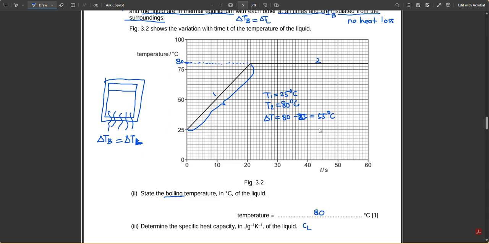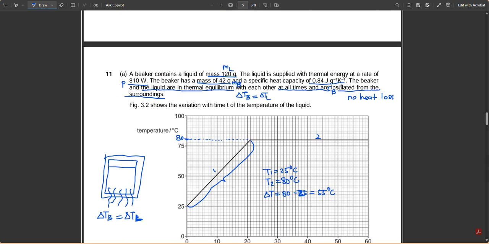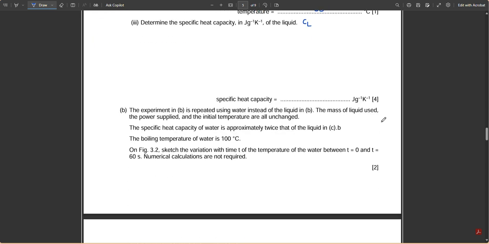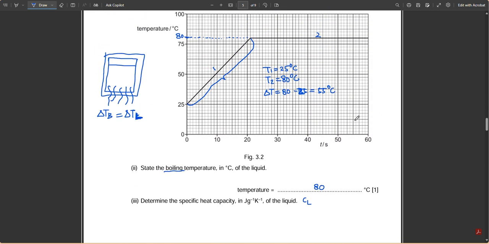But don't forget, we have to use Kelvin because in here Kelvin, in here also Kelvin. Remember I said before, the delta temperature in Kelvin and the delta temperature in Celsius will be the same.